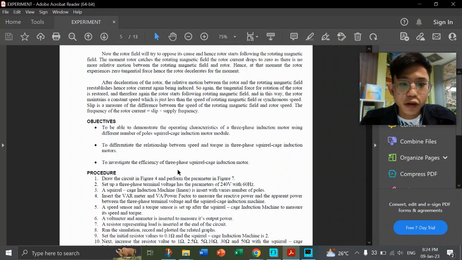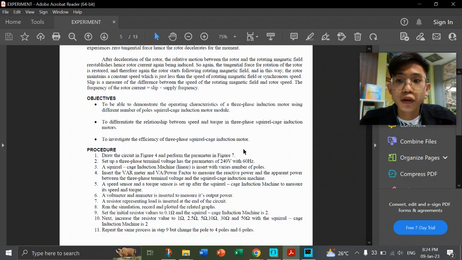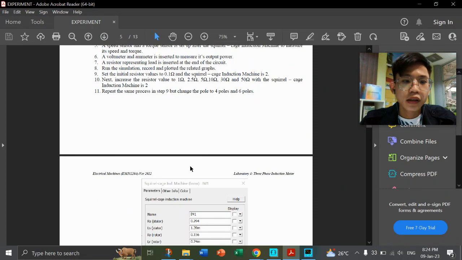We also differentiate the relationship between the speed and the torque, the line current and the speed, and also the reactive power and the speed in the three-phase squirrel cage induction motor using different numbers of poles.